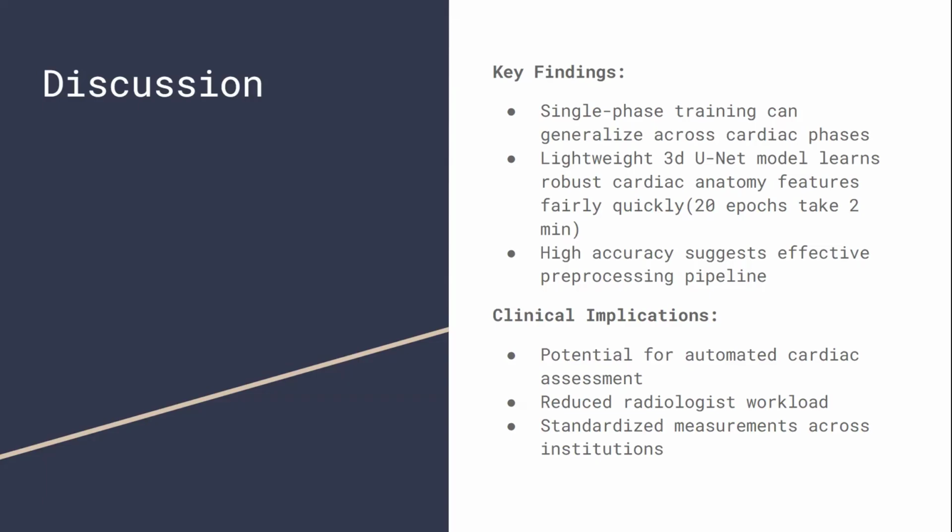It only takes about 2 minutes, and it has really high accuracy. Maybe that suggests effective preprocessing, but also suggests some error from the class imbalance. As for clinical implication, this could potentially be used for automated cardiac assessment, reduce the radiologist workload, and standardize the measurements across institutions.